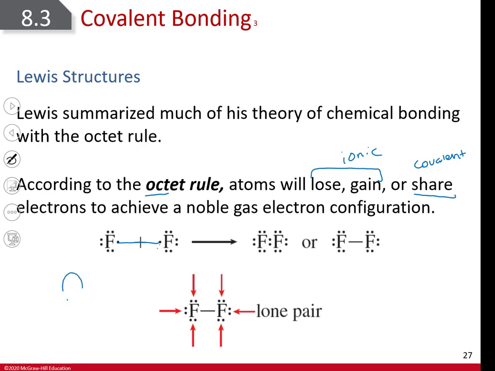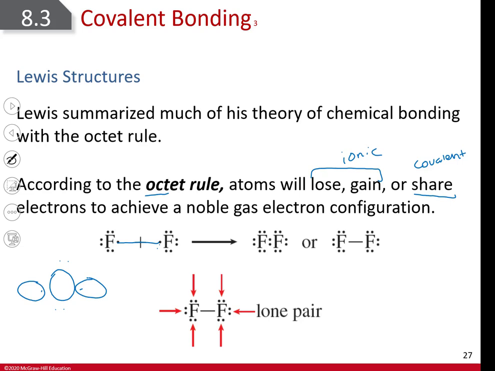Compared to oxygen, oxygen's in group 6. Therefore, it should have 6 dots. 1, 2, 3, 4, 5, 6. How many bonds can oxygen make then? 2. Good. It can make a bond right there, and it can make a bond right there. So oxygen can make 2 bonds, while fluorine can only make 1.